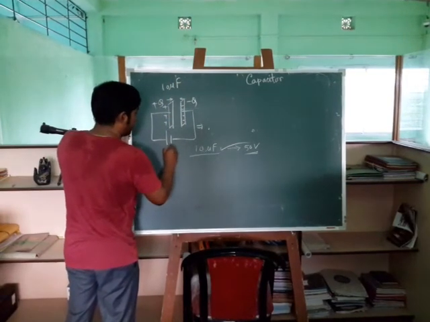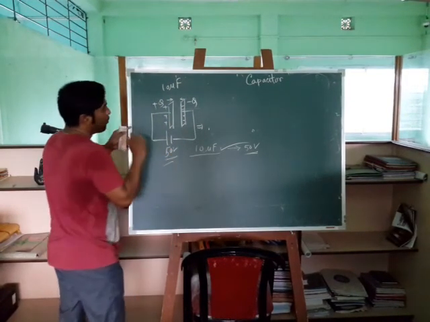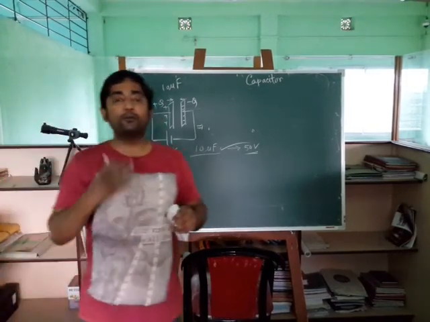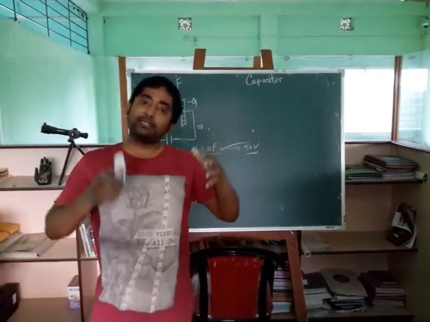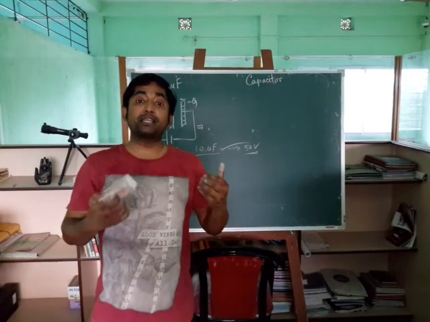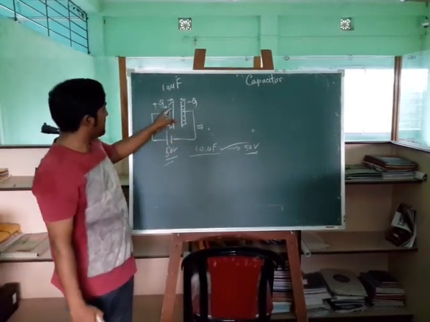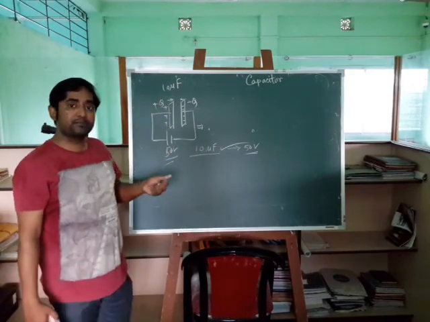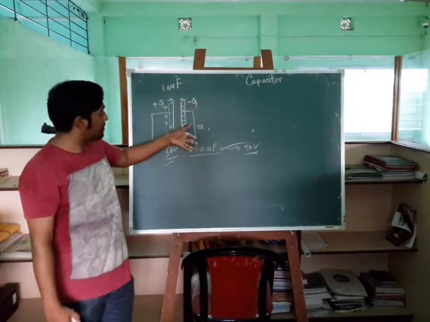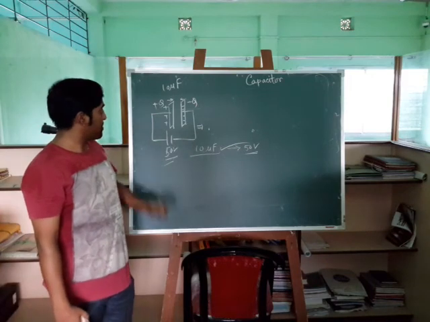This can take a maximum of 50 volt. But we want to have an equivalent capacitance which is 10 microfarad but can withstand 200 volt. So how can you build such a capacitor using the 10 microfarad capacitors we have in store?